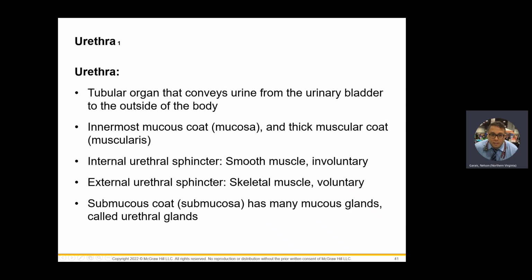You can control it. The internal urethral sphincter is smooth muscle. You cannot control that. And remember, just like the gastrointestinal, who's going to win eventually? Involuntary. The involuntary smooth muscle will eventually win. So you can try to hold it off as long as you can, but you will eventually need to urinate.